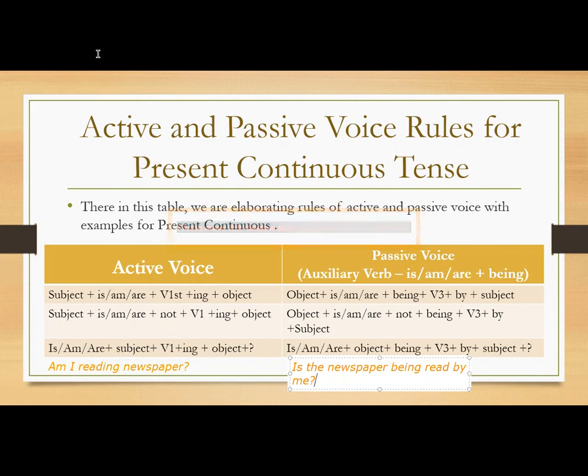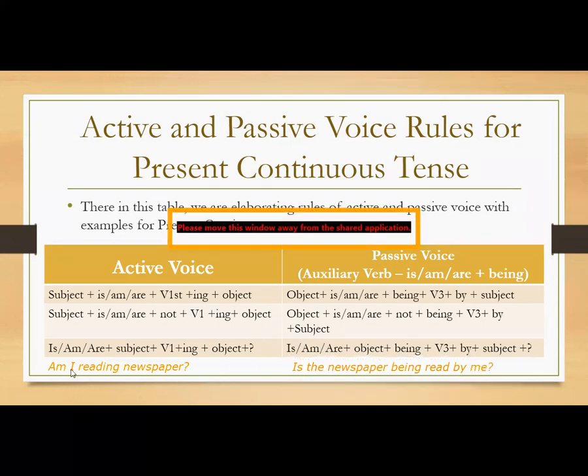Now you will be thinking, is the newspaper being read by me? You are now thinking that this am is changed to is. This am is now is in passive voice, and how is this change possible? This change is due to the object.